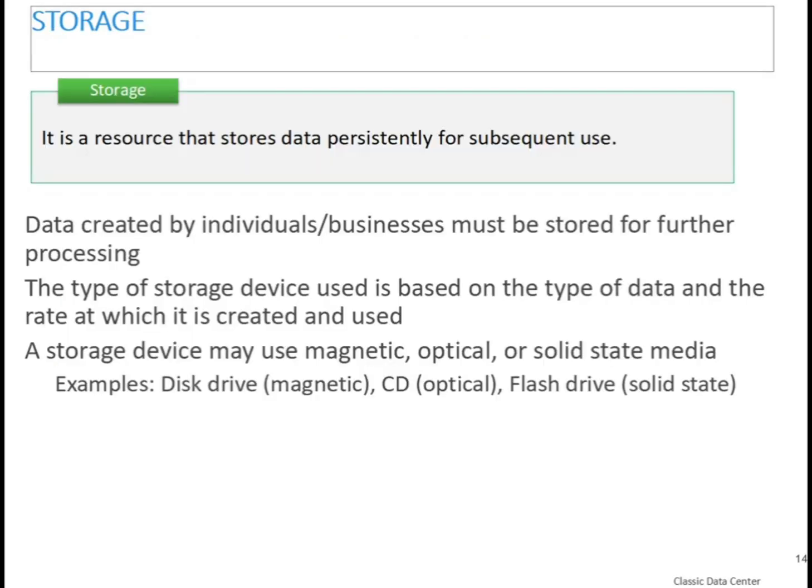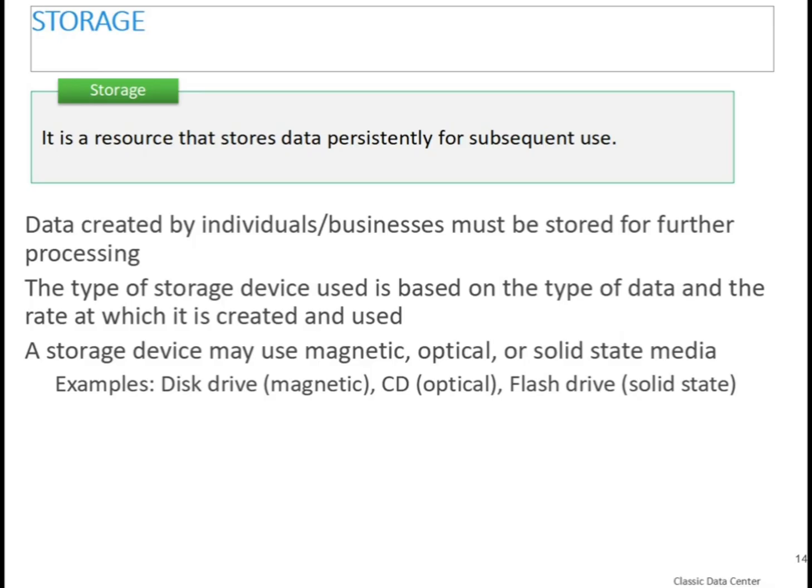Next is storage. Data created by individuals or businesses must be stored so that it is easily accessible for further processing. The devices designed for storing data are termed storage devices or simply storage. The type of storage used varies based on the type of data and the rate at which it is created and used.